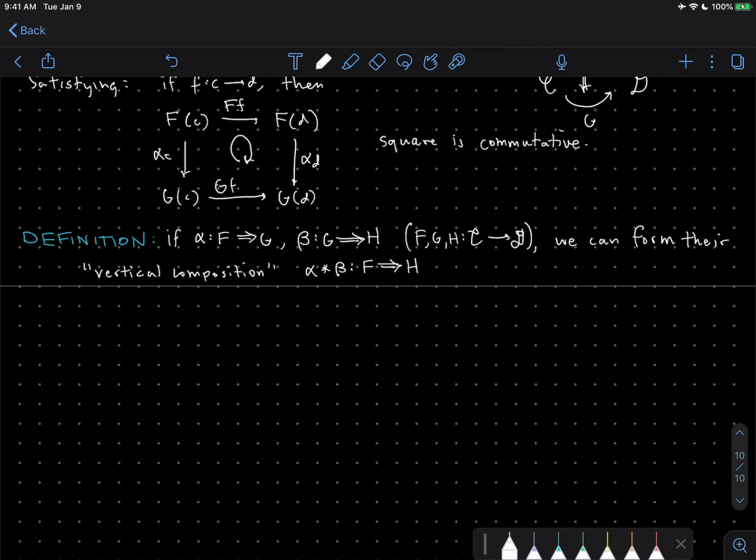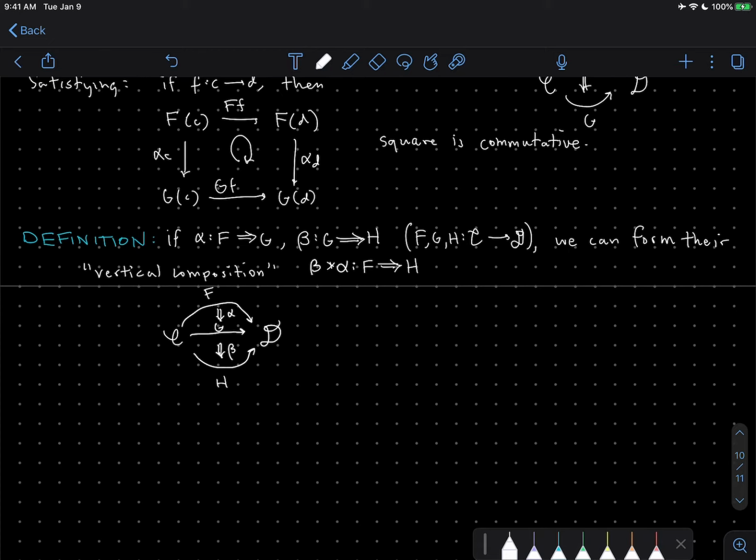Pictorially, this will look like we have g here, f here, h here, alpha and beta. No, I want to write beta star alpha. Well, what does this do?